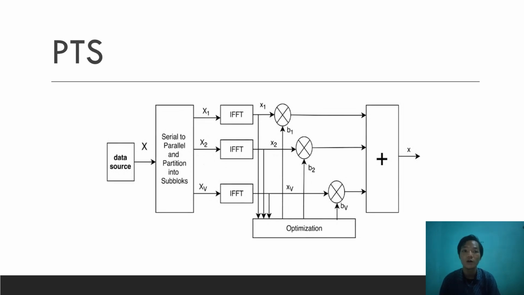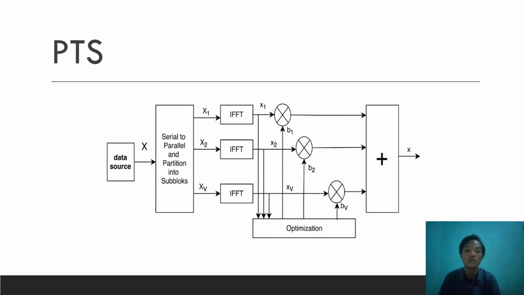Here is the block diagram of PTS. The main principle of the conventional PTS method is to partition the input data block into disjoint subblocks. Each subblock is then passed to the IFFT block to transform the data from the frequency to the time domain. The phase weighting factors are employed to minimize the PAPR value, such that the subblocks are multiplied by the phase factors and combined to generate a set of candidate signals.